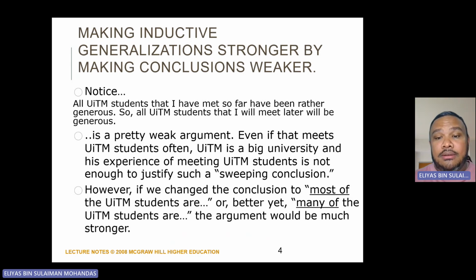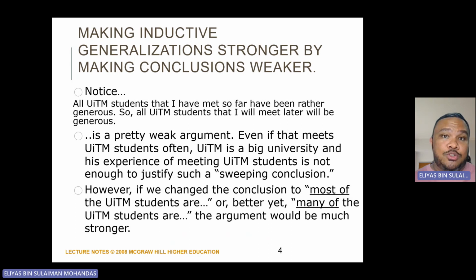Because UiTM is a big university, and my experience of meeting UiTM students is not enough to justify such a sweeping conclusion. I have just met 20 students so far, in comparison with maybe 200 to 250 students.